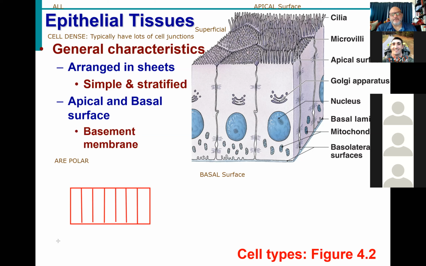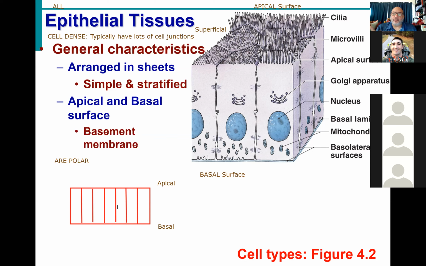Columnar. Identify the tissue type. Simple columnar. Excellent. And as we talked about, it has an apical surface and it has a basal surface. But there are a couple other characteristics about this we need to understand as well.